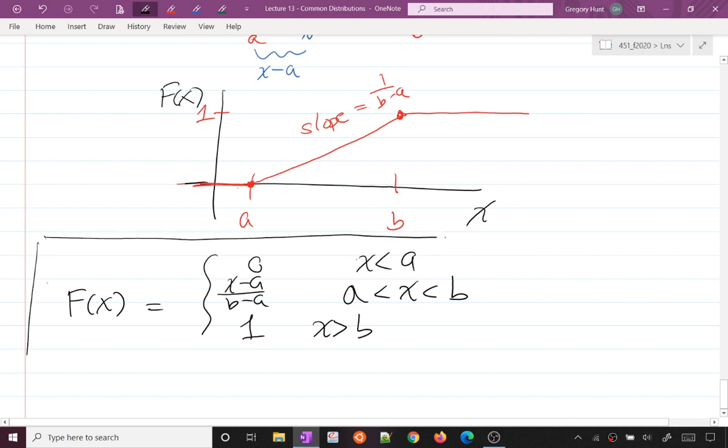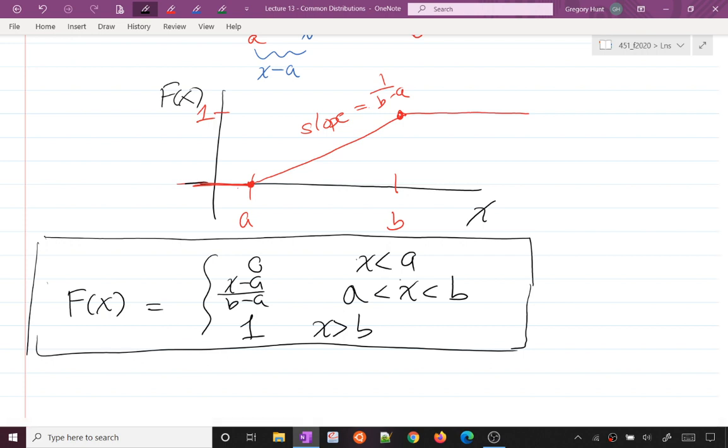Now, you've noticed I'm very sloppy with my less than or equals. It's a continuous random variable. It doesn't matter. The probability of being at any of these individual points is 0, so I can be sloppy there. In fact, for a continuous distribution, you can change any countable number of points to whatever value you want for the PDF.